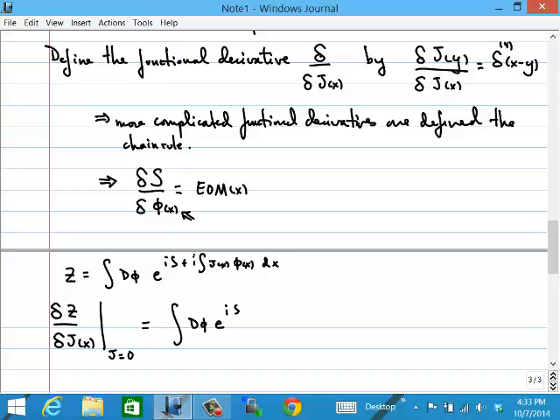So I guess I had an i here in the definition. So what I'll do is I'll put a minus i here. So this brings down just 1 power of phi of x. Okay.